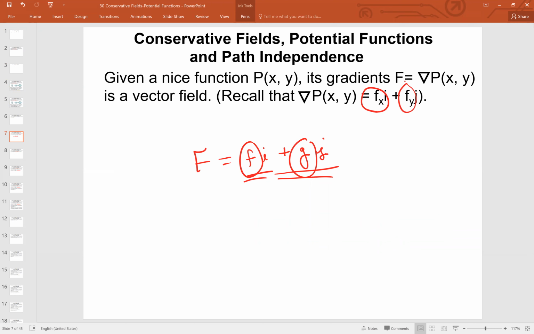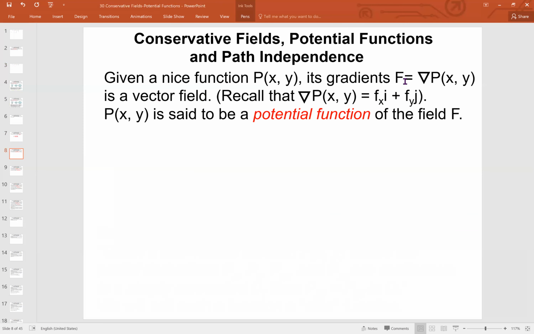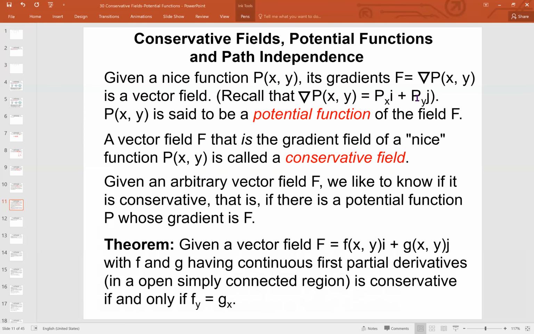Well, the mixed partials of f have to be the same. In other words, in order for this vector field to be conservative, the condition I must have is that the partial derivative of f with respect to y must be equal to the partial derivative of g with respect to x.